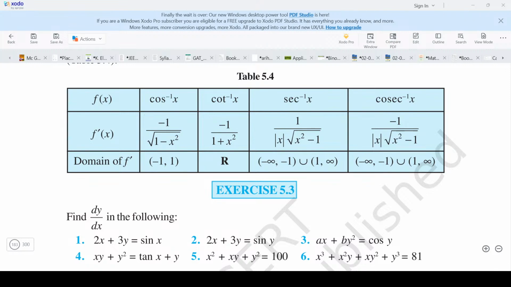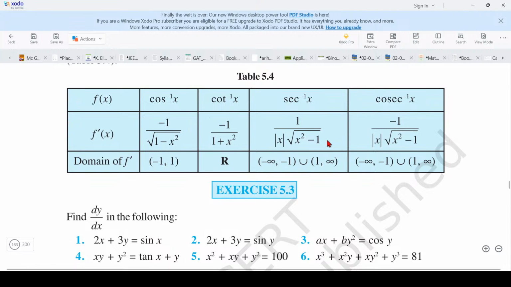Sir, is it 1 by x into 1 minus x square, or x square minus 1? It will be like that. It will be 1 by x into square root of x square minus 1, no? Yeah, square root is also there. Square root of x square minus 1, right?